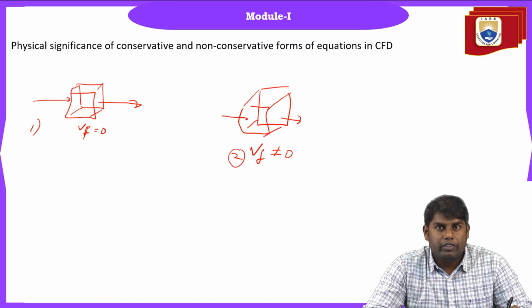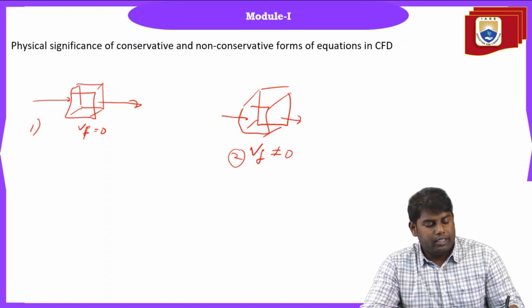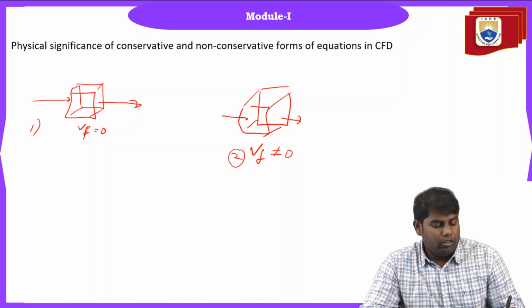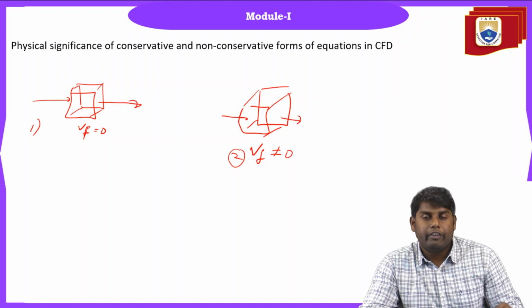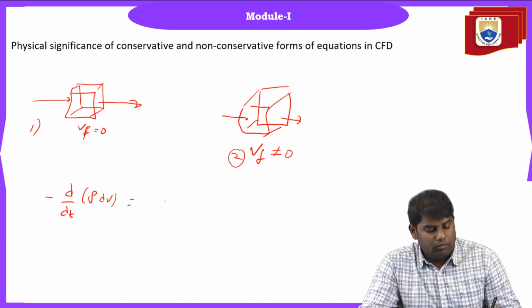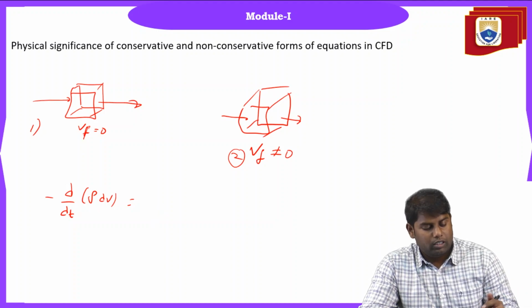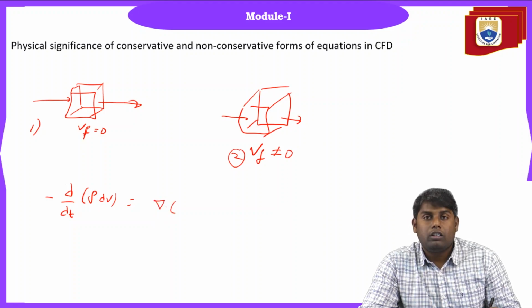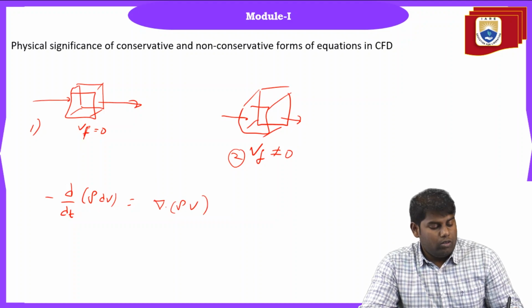Okay, so Vf is equal to 0. Fine. So next, the element whatever we have, Vf is equal to 0, Vf not equal to 0. Here we get the equation in the form of differential form, which is minus d/dt of ρ dV, which is equal to, let's say, the gradient, del dot ρV.